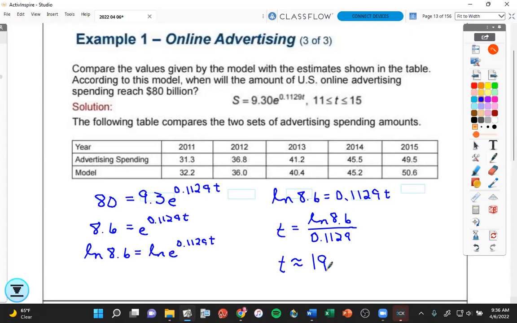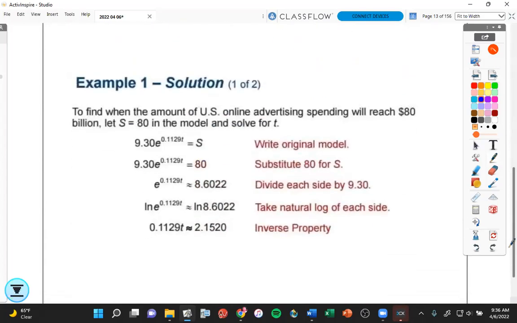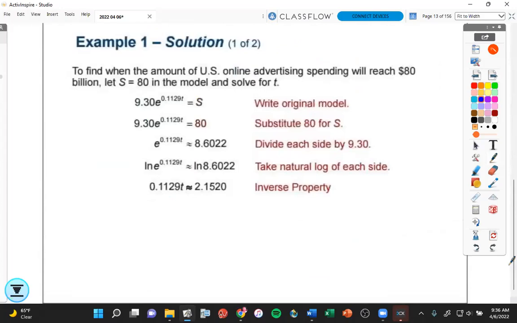Now, since you've already typed this equation into your y equals, does that match? If you look at your table and you went to 19, does that put you pretty close to 80? But you've got to understand the algebra and how to work this. Questions? Here's the next slide where they worked it out.